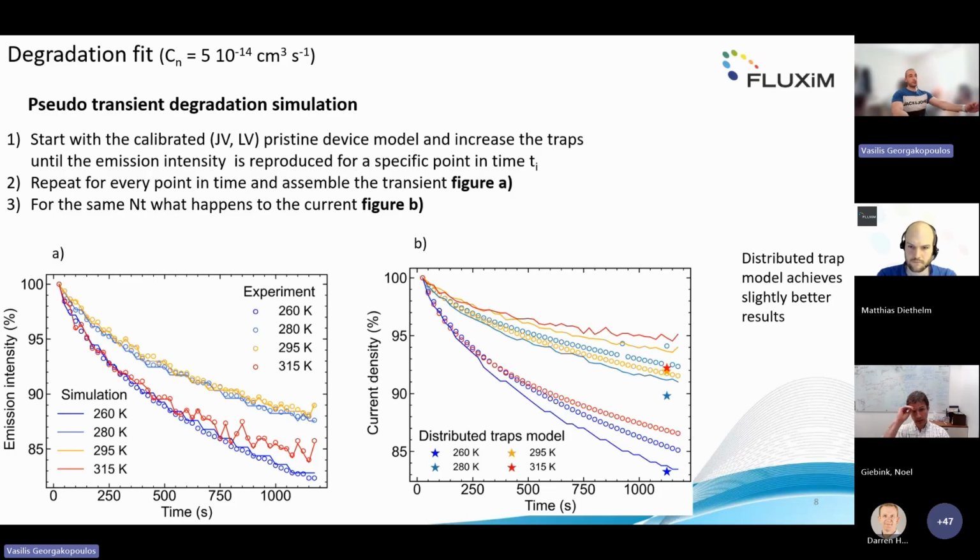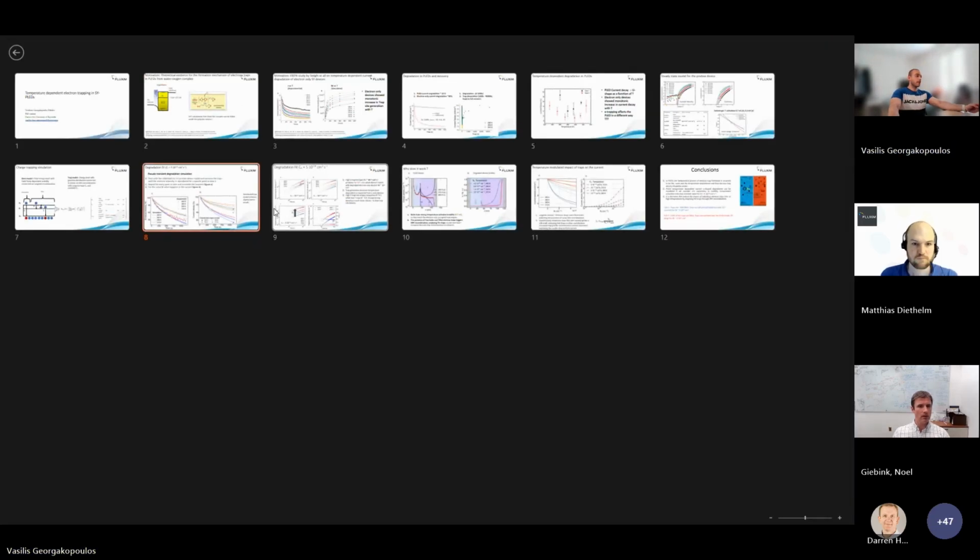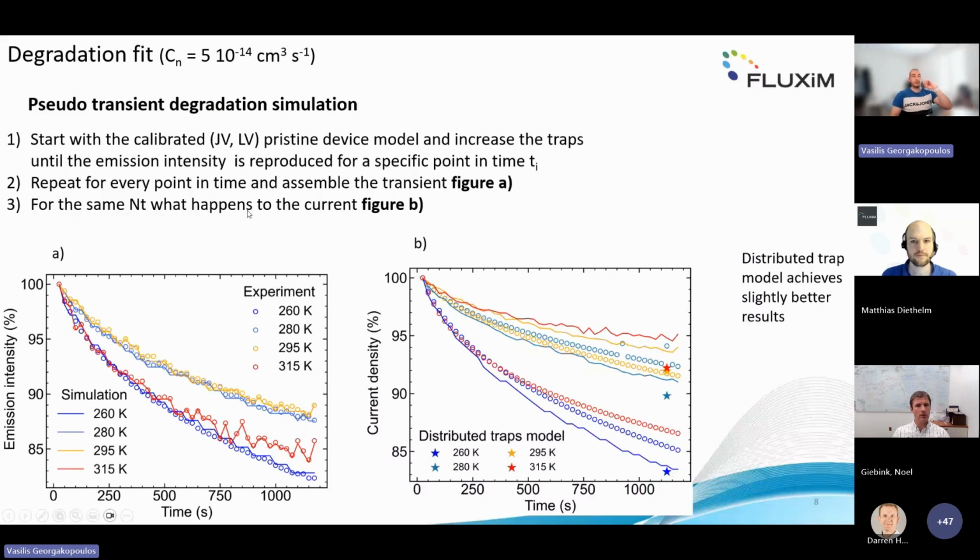So we also used a distributed trap model, and we bound the probability of trap formation to the electron trap density, which improved our results, but they were still not perfect, so maybe a more physically realistic model is needed for such a description in this particular case.